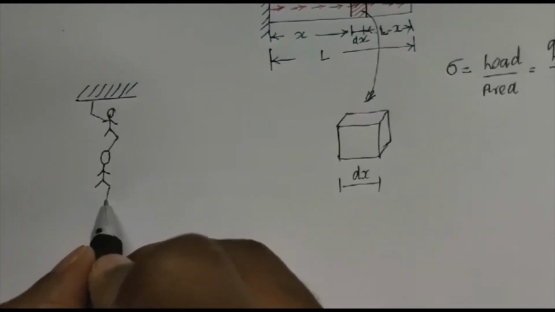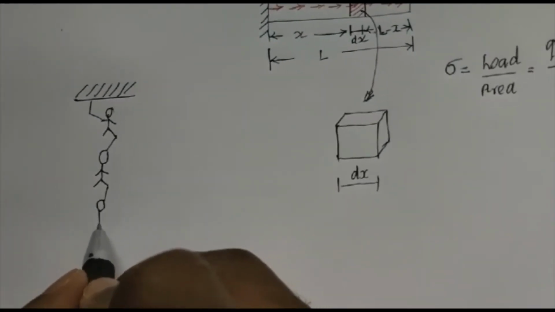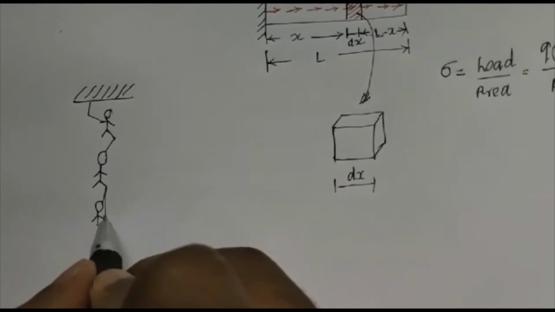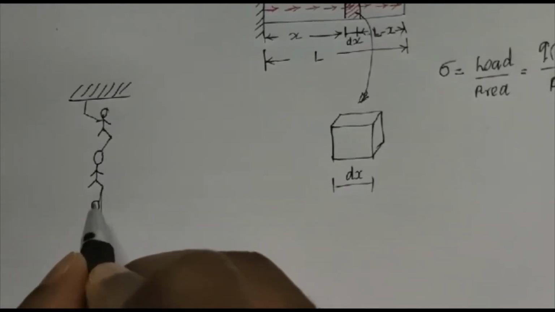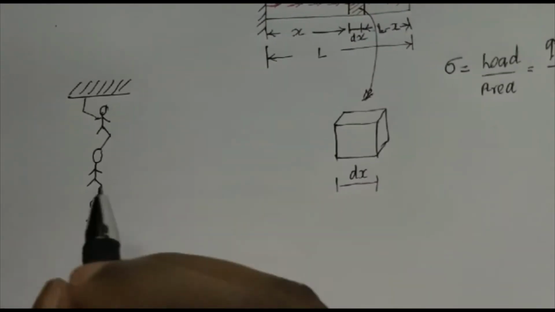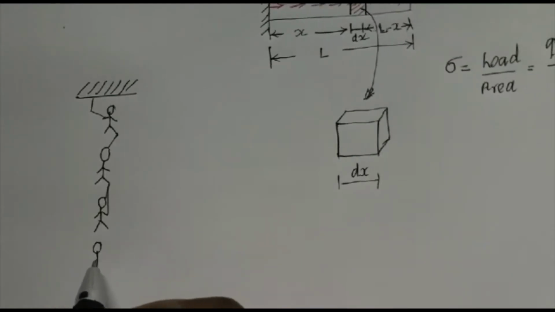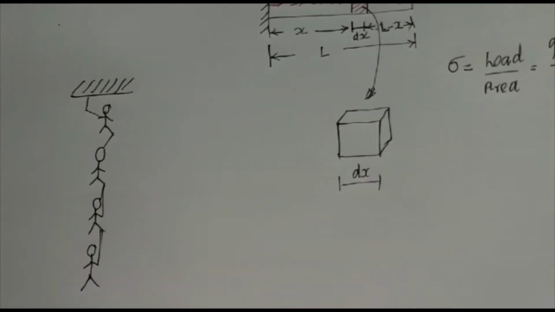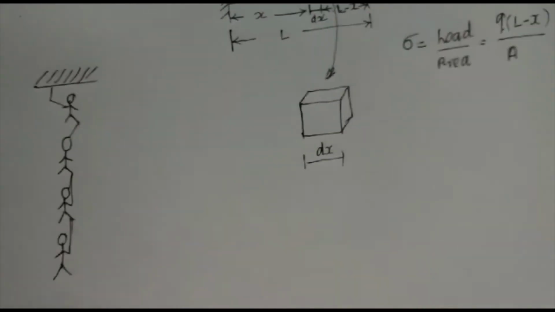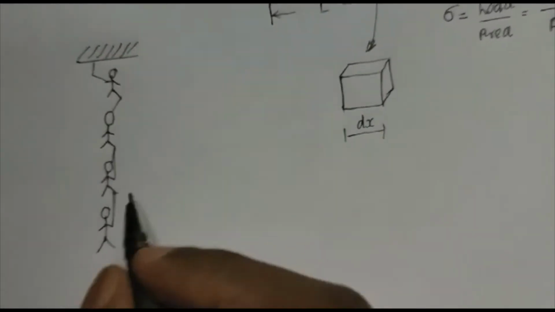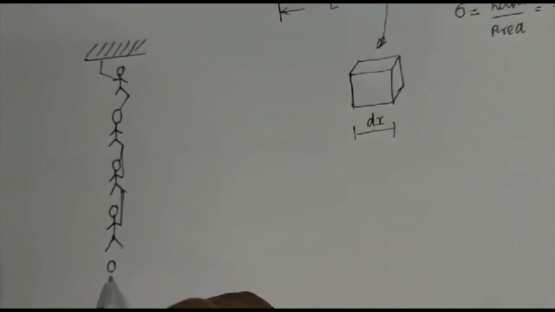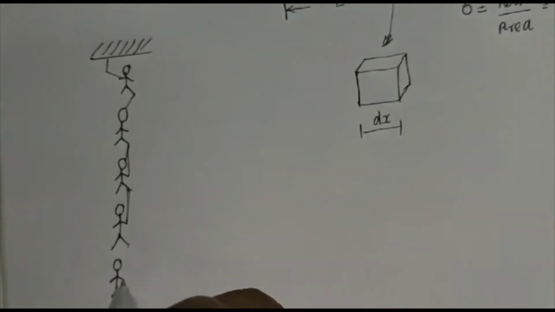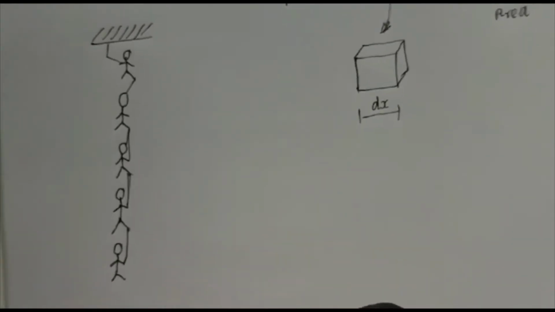And there is a third person who is clinging onto the foot of the second person, and a fourth person clinging onto the foot of the third person, and a fifth person who is clinging onto the foot of the fourth person.